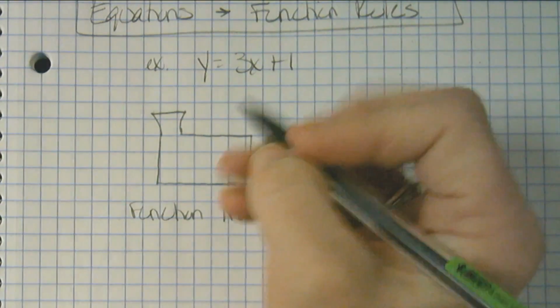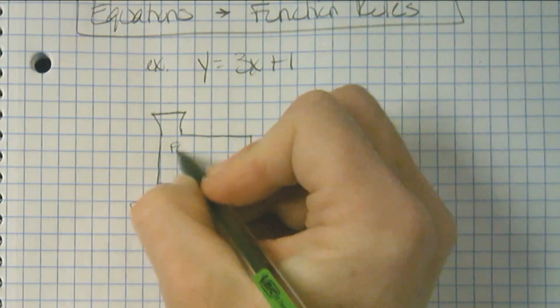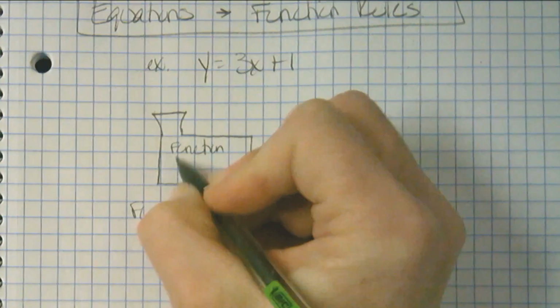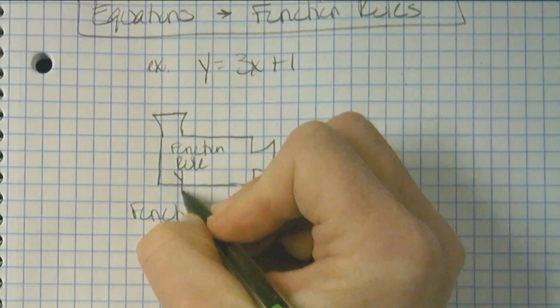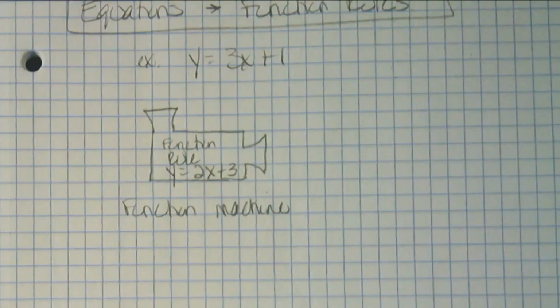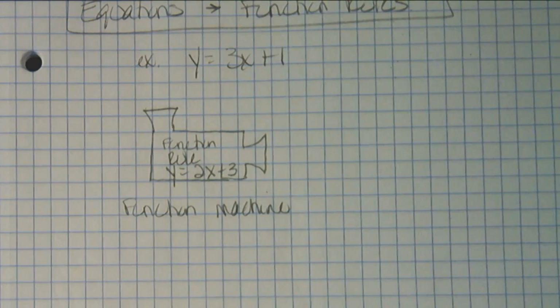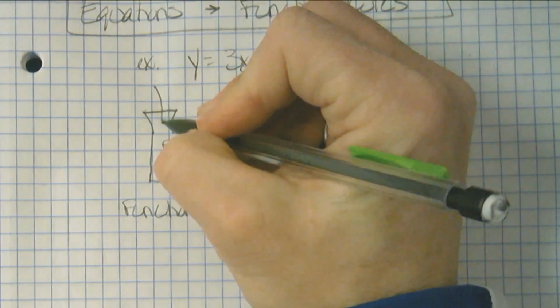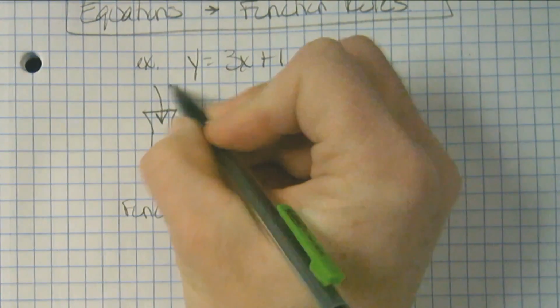Inside the machine is our function rule. So this is y equals 2x plus 3. So there's my function rule. What we put into the machine, these are called inputs.